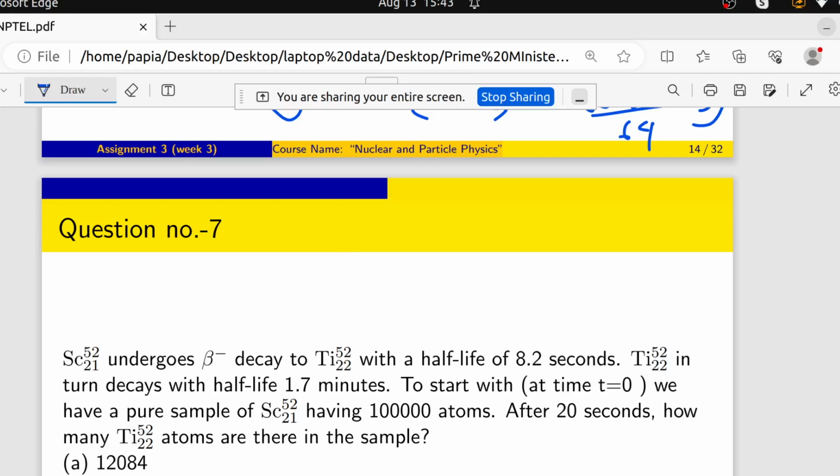So what the question is asking: scandium was there previously, 21 52. After beta minus decay, it is going as titanium, 22 52.